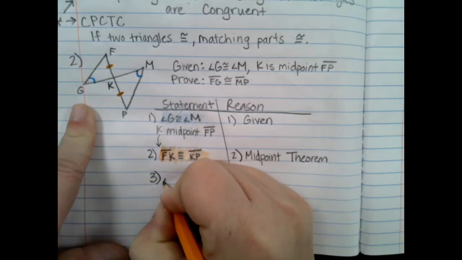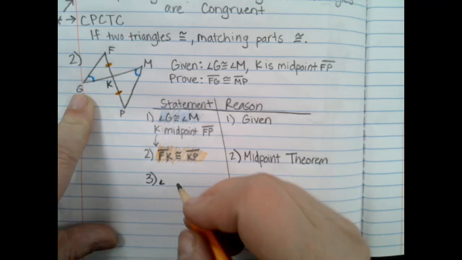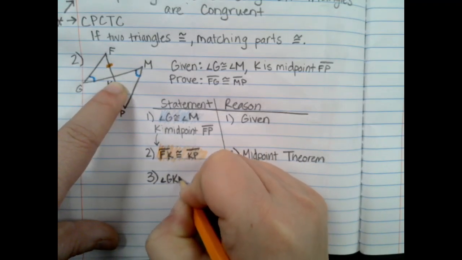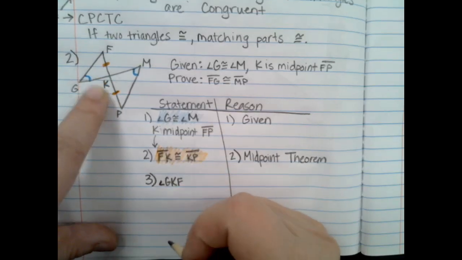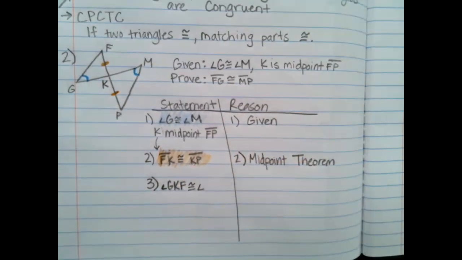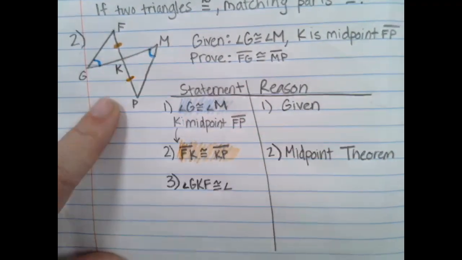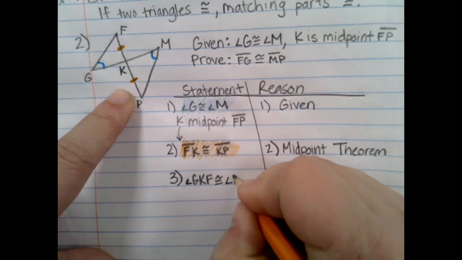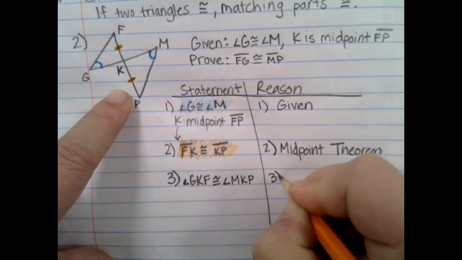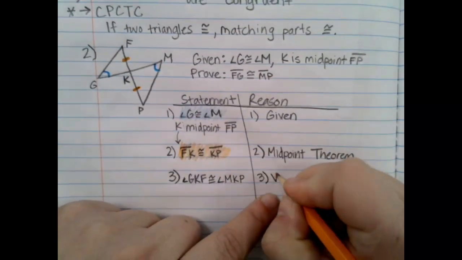Good, and I really like, Caden already said it, he used 3 letters here. So G, K, F, that's the one on the left side, is congruent to angle, and I need the one on the right side here. MKP, or we could do PKM. And what kind of angles were those again? Vertical.